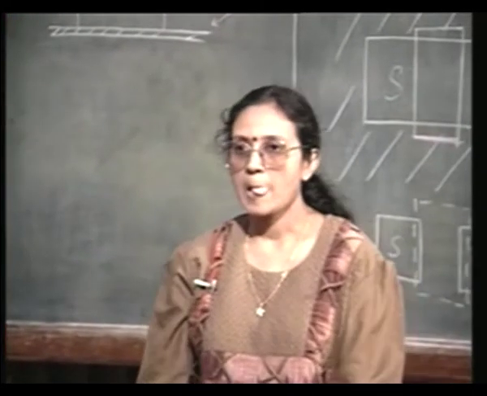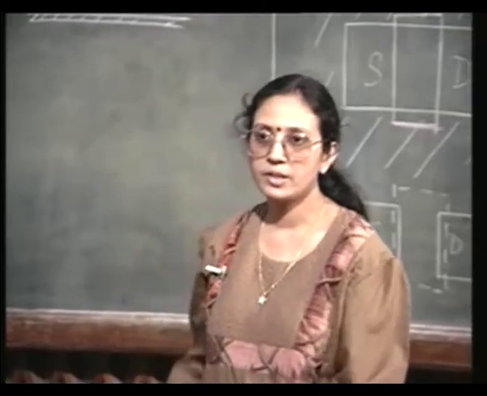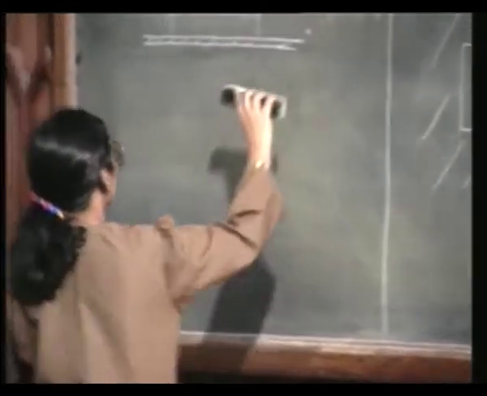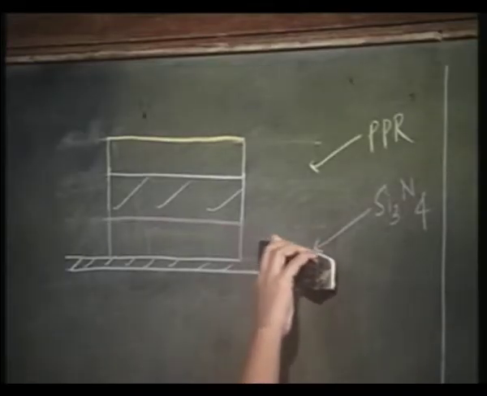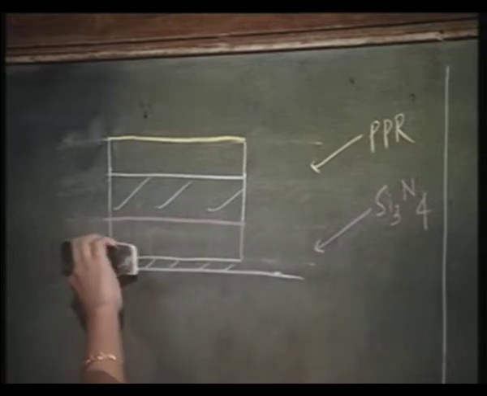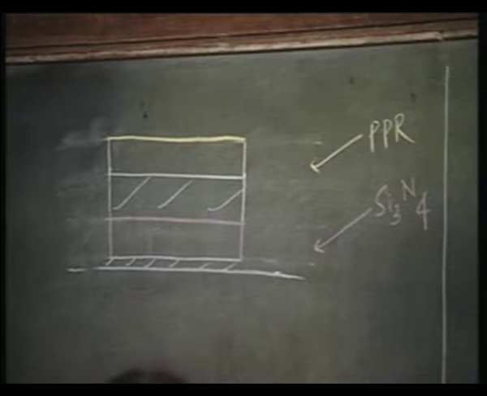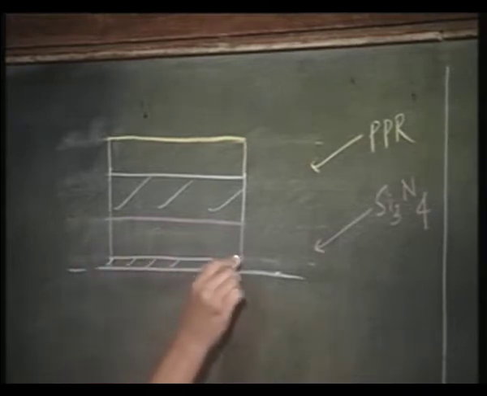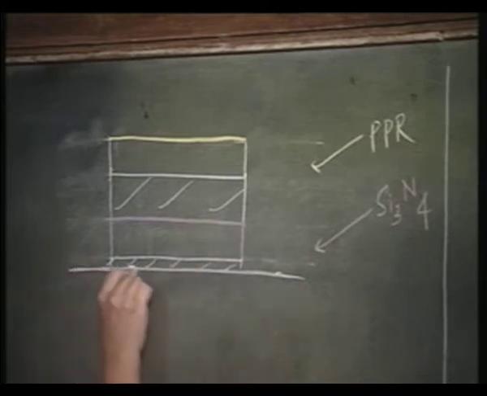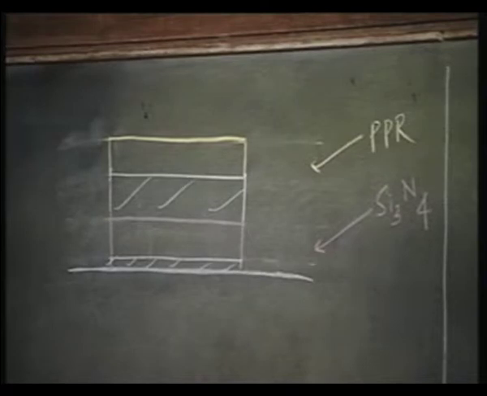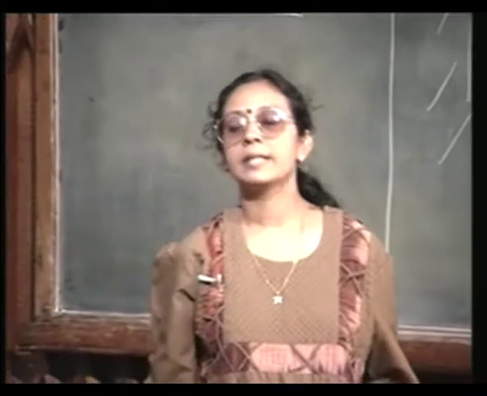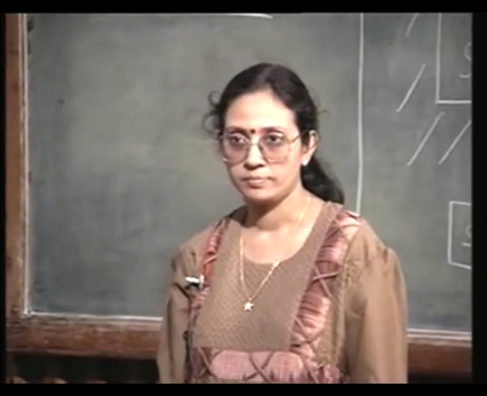Okay, fine. So, you see, after this all you have to do is to remove the thin pad oxide from here and here. So, this is what you have. Okay. Now, you see, suppose now I carry out oxidation.